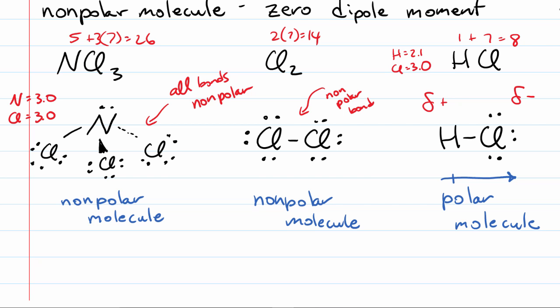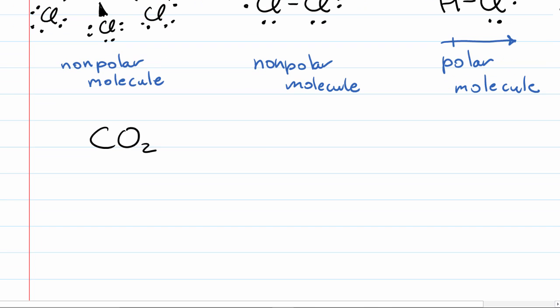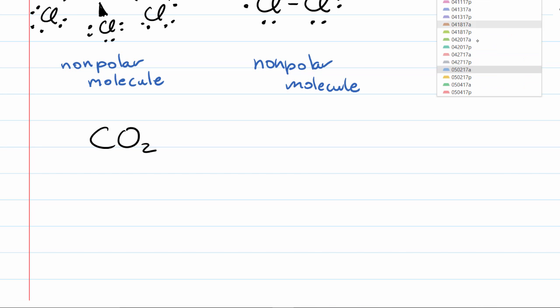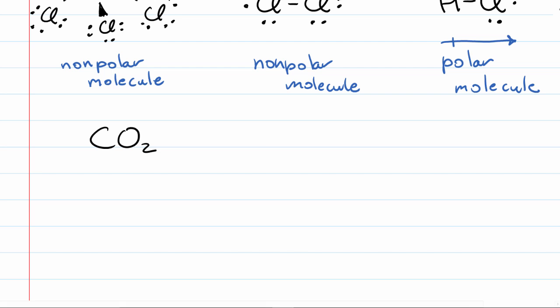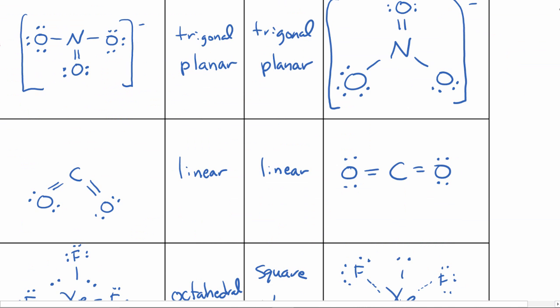Okay, let's look at another example. Let's look at something like carbon dioxide. So carbon dioxide, if we were to build its model, would look something like this. And I think this is one of them that we built last Thursday. So if we go back to our notes from Thursday, right here, we did carbon dioxide.